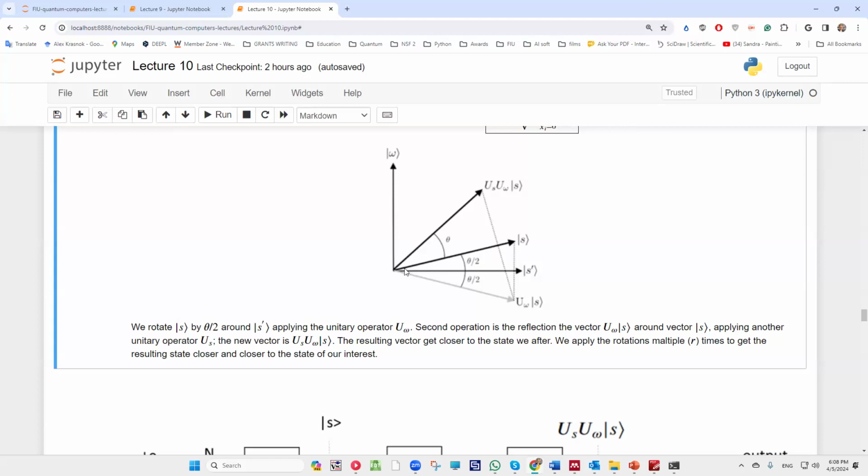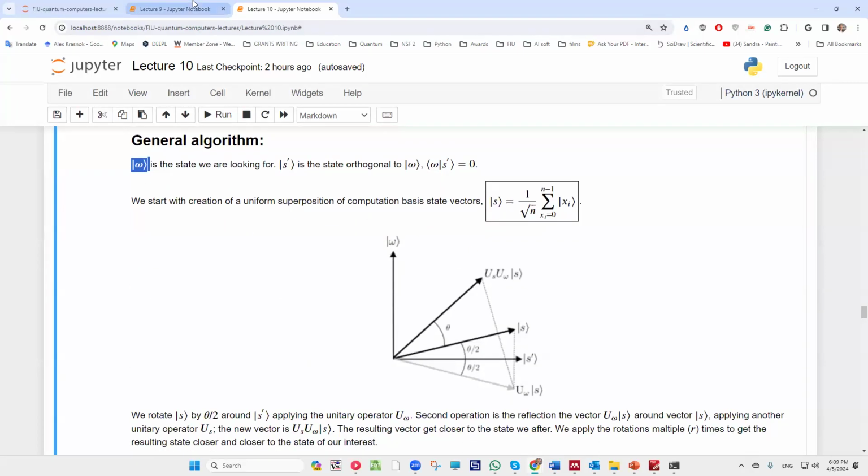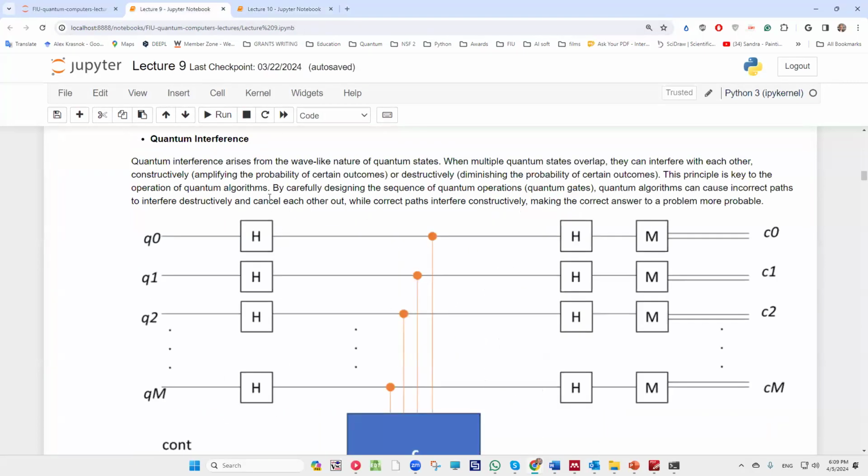So now the algorithm is as follows. At the initial state, we create the perfect, balanced superposition state, the state S. This state is created by applying this first layer of Hadamards.